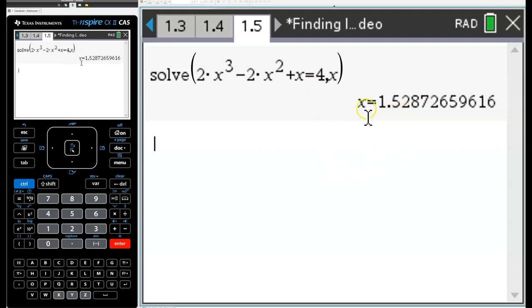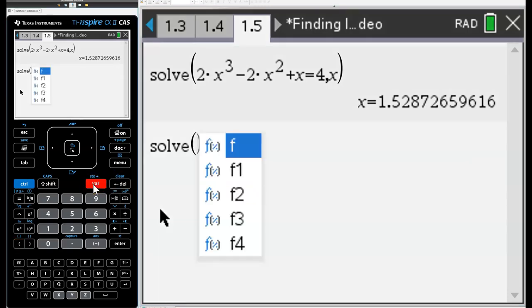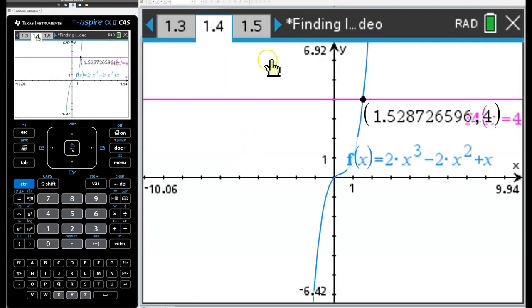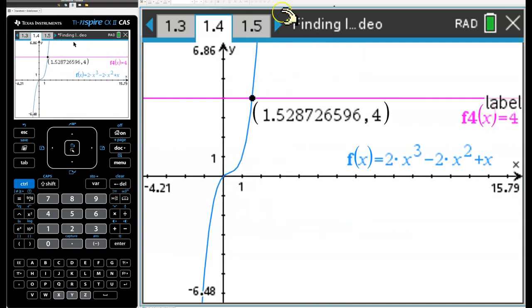So there's your answer. I also want to show you another method. So solve. I've also shown you that you can store these functions and reuse them using the VAR button right here. Our first function, 2x cubed minus 2x squared plus x, I had titled f. So when is f of x equal to, and our function 4, we had named f4 of x.